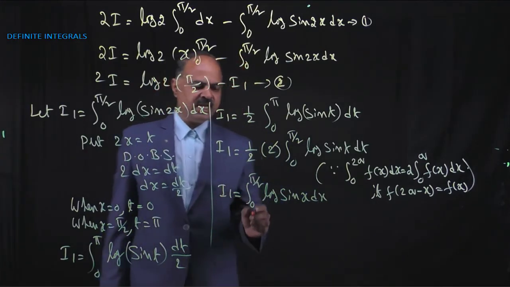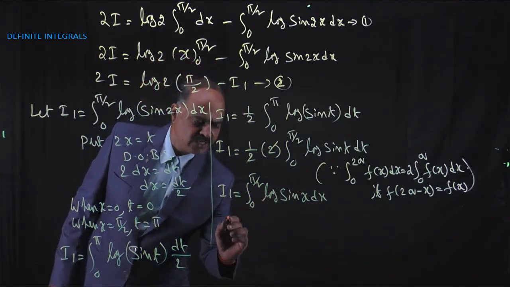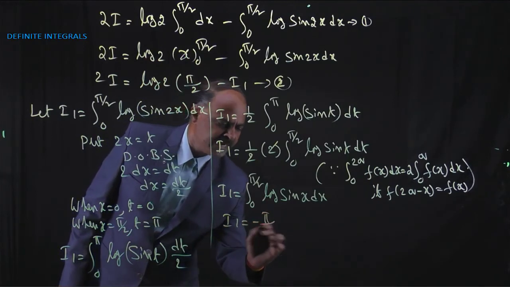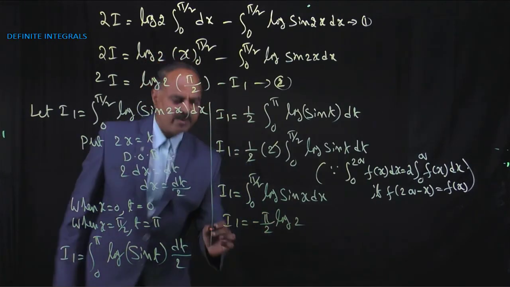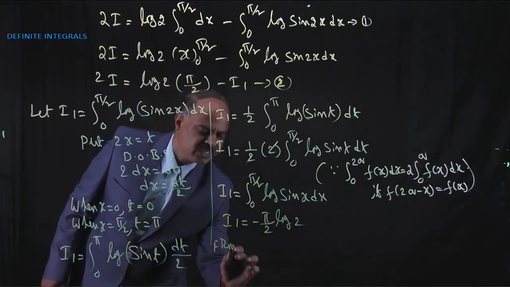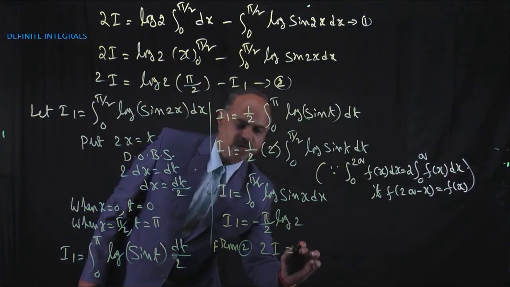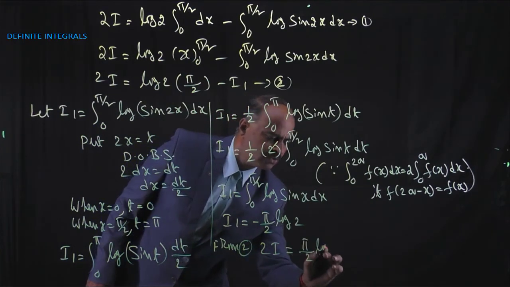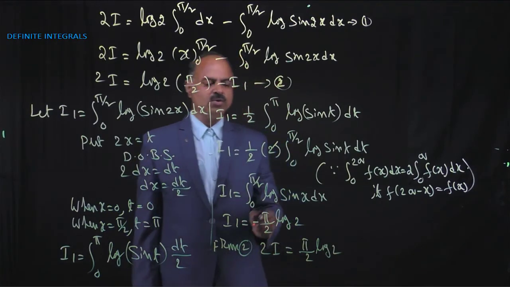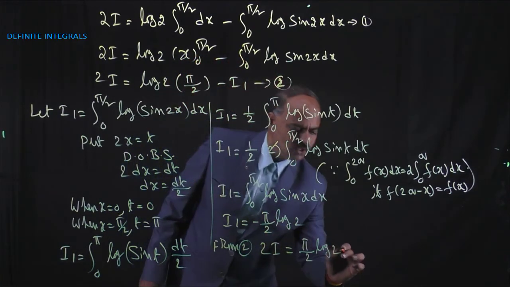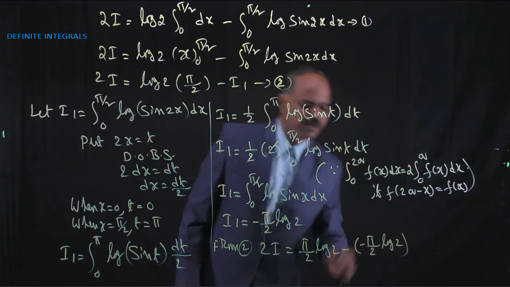We know that integral 0 to pi by 2 of log sin x dx equals minus pi by 2 log 2. So from equation number 2, 2I equals pi by 2 log 2 minus I1, but I1 equals minus pi by 2 log 2, so minus of minus pi by 2 log 2.